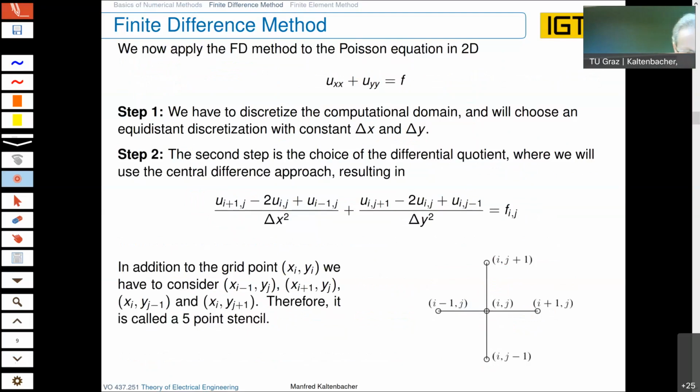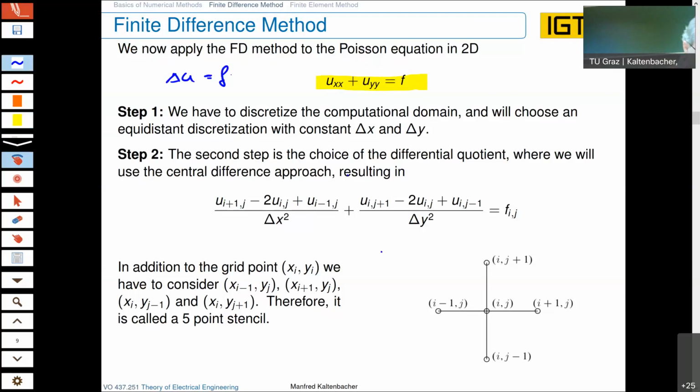And what we will now use is our standard equation, the Laplace operator on the left-hand side: the second space derivative with respect to x plus the second space derivative with respect to y is equal to f. So we know this is our simple Laplace operator, delta u is equal to f.